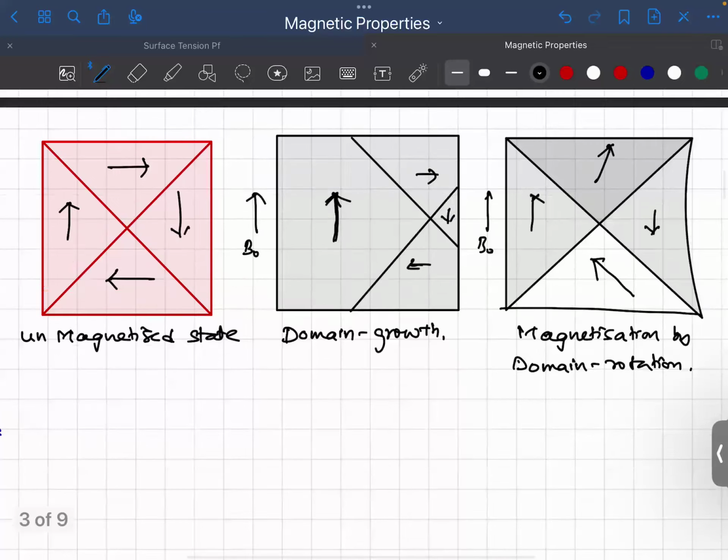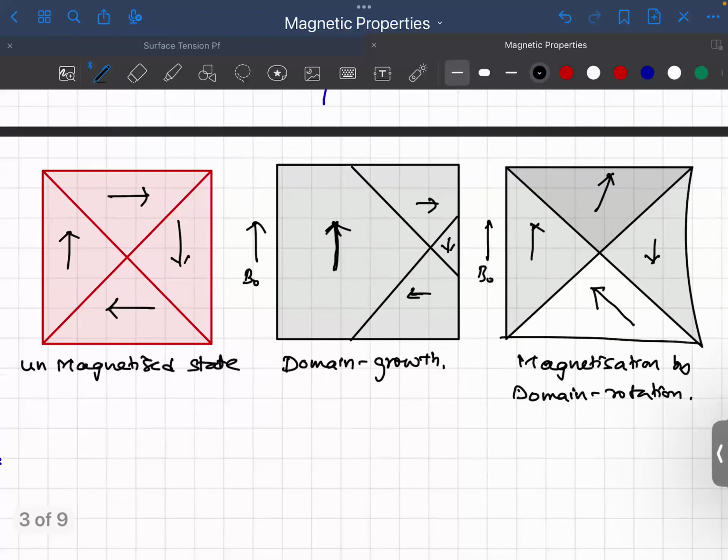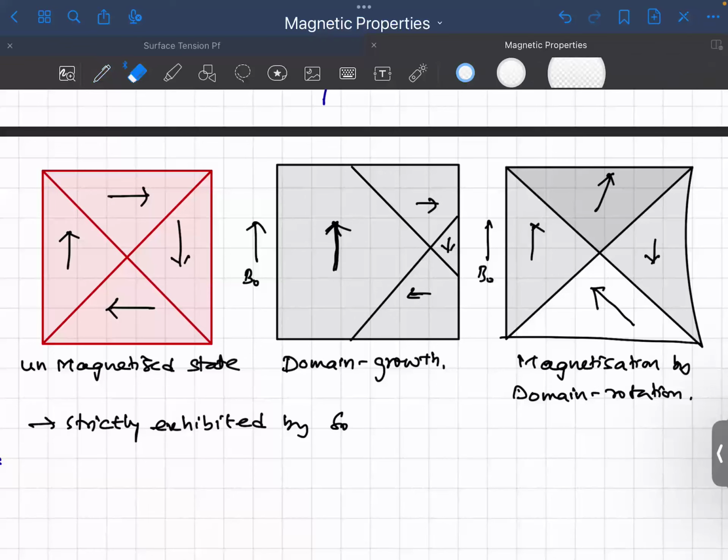So either of these two things will happen. Okay. Now, what are basically the best examples? I said iron, cobalt, nickel, and their alloys. They are the best examples. This property is strictly exhibited by crystalline solids.